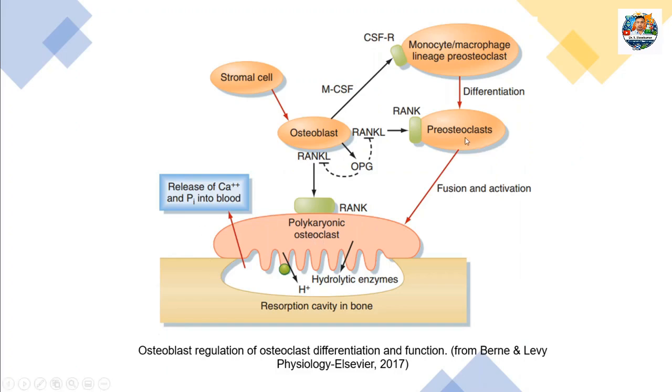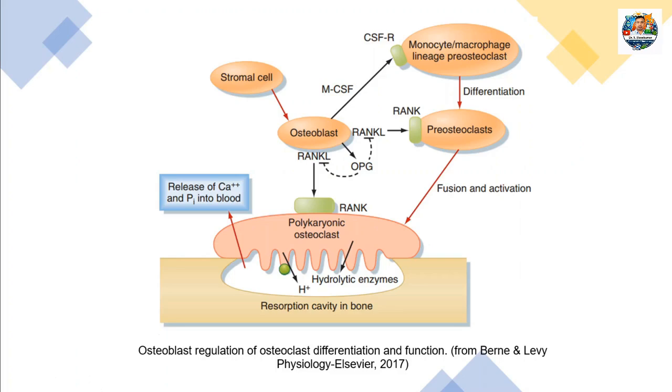The formation of this active osteoclast is controlled by osteoblast, and the activation of this pre-osteoclast to the active osteoclast by osteoblast is because of the action of parathyroid hormone on the osteoblast.